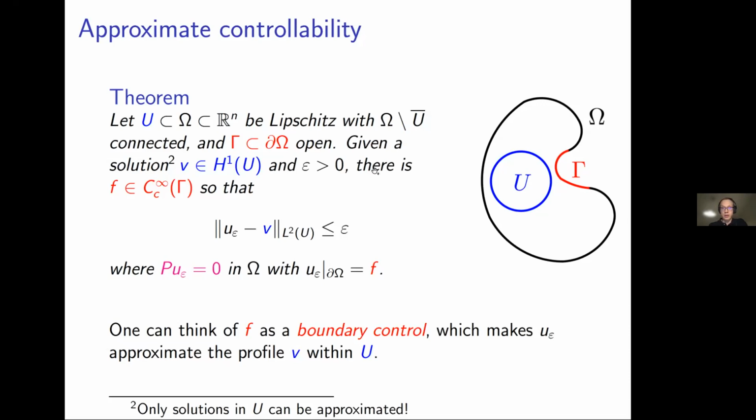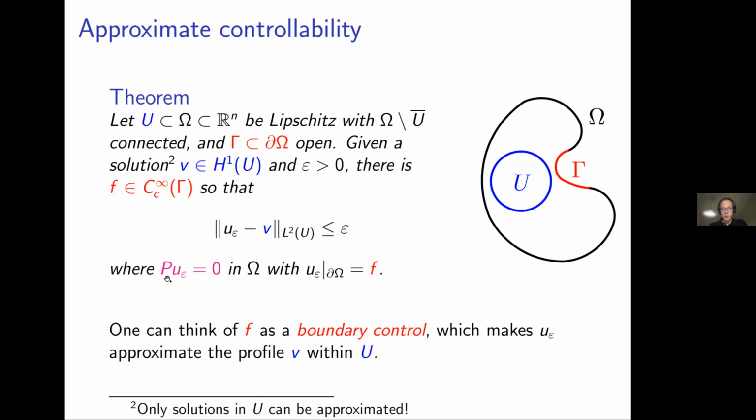And the result says that if you have a solution v, which is in the Sobolev space H1 of U, of the equation Pu equal to 0 in capital U, then for any epsilon, there exists a Dirichlet data f, which can be assumed to be smooth and compactly supported in gamma. So it's going to be 0 on a large part of the boundary, and the support is going to be confined in gamma.